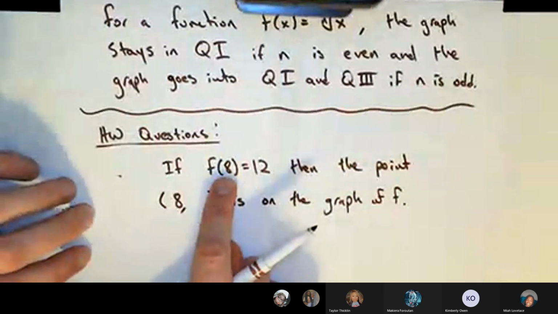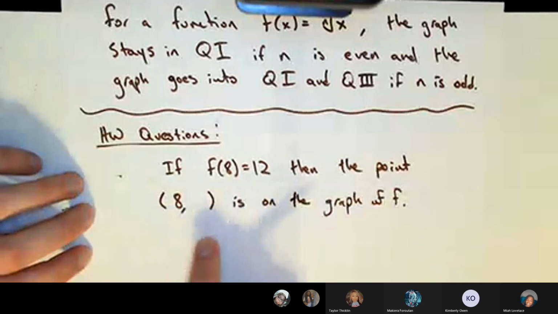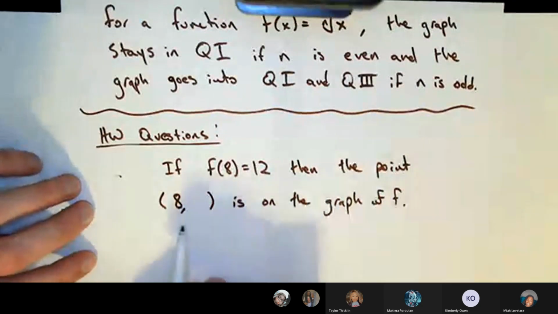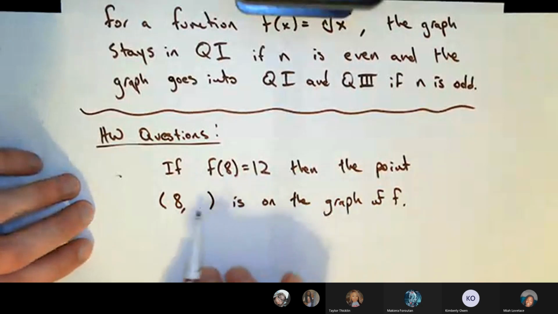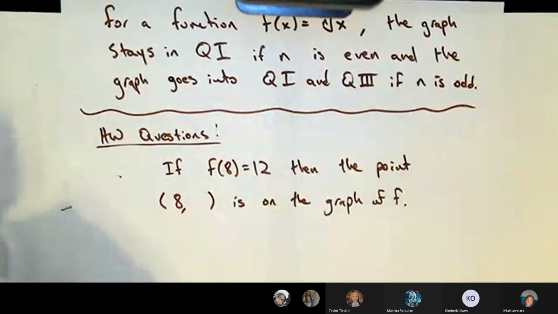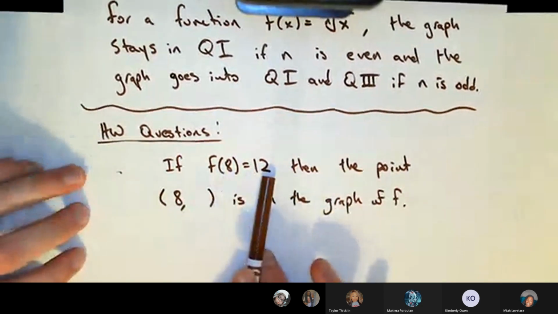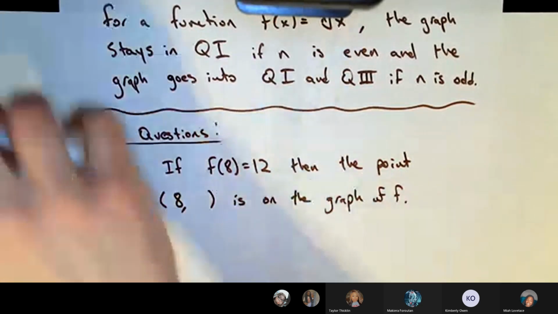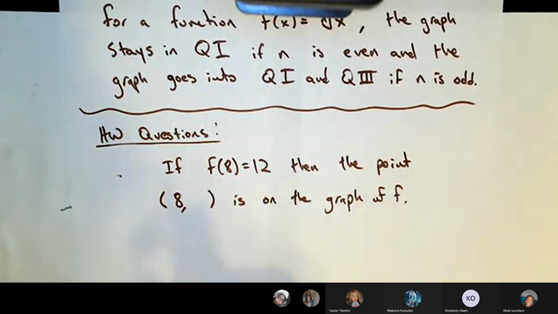Okay, so if f of 8 equals 12, then the point 8 comma blank is on the graph of f. Let's see, Nikita, what do you think the blank is supposed to be here? If input is 8, gives an output of 12, then that corresponds to the coordinate point 8 comma. Okay, Makira, any ideas?